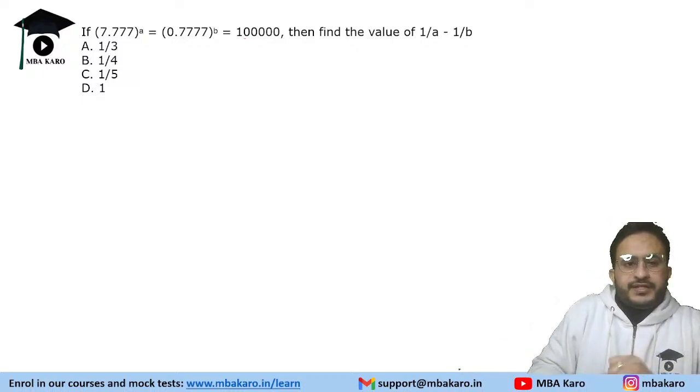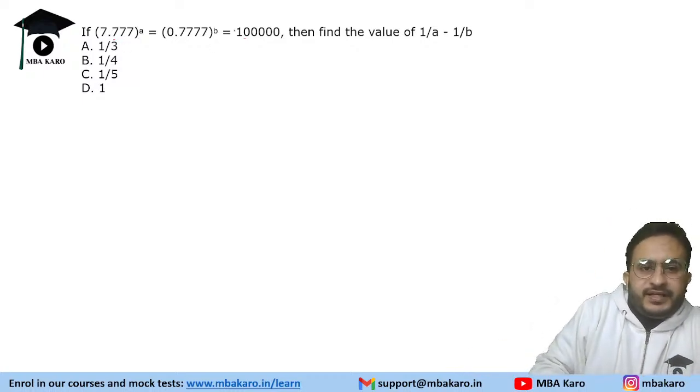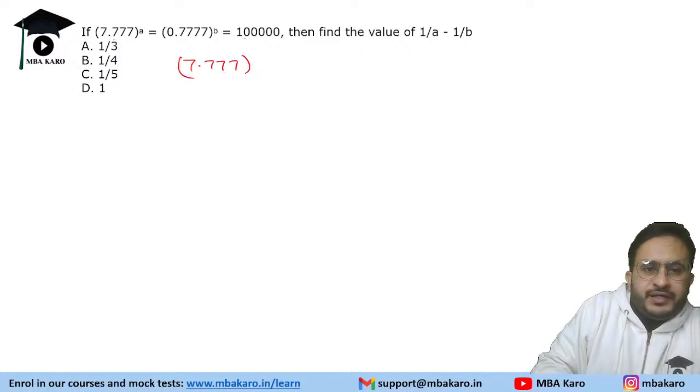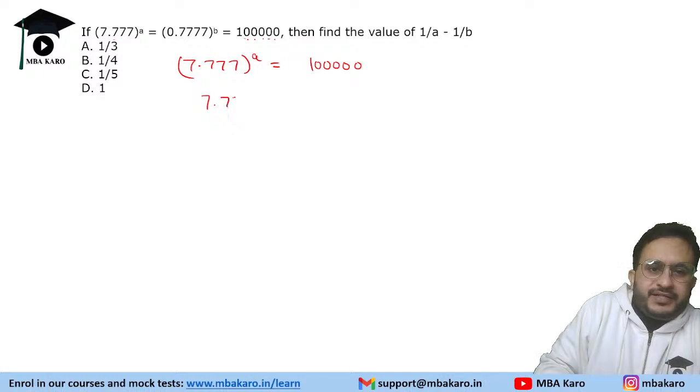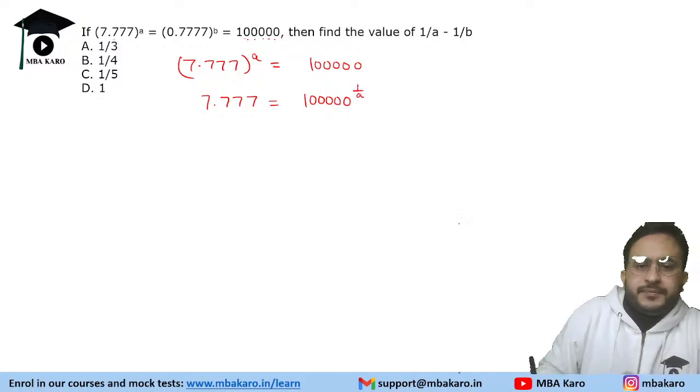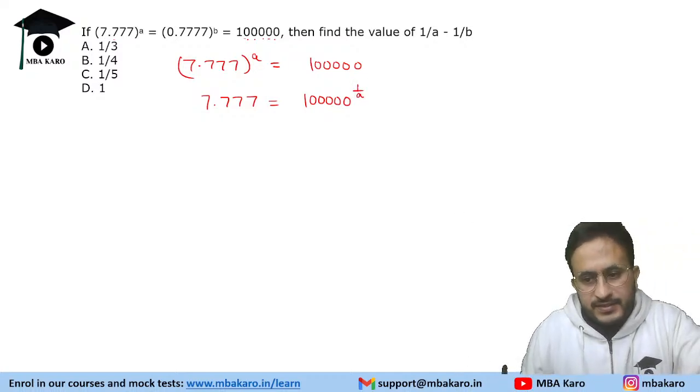So how to do these kinds of questions: 7.777 raised to the power A is given as 1 lakh. Okay, 5 zeros are 1, 2, 3, 4, 5. So we can say 7.777 is equal to 1 lakh raised to the power 1 upon A, isn't it?